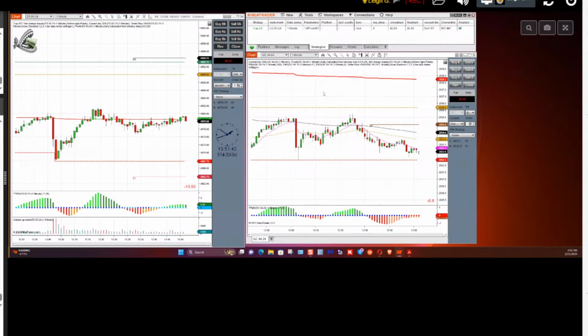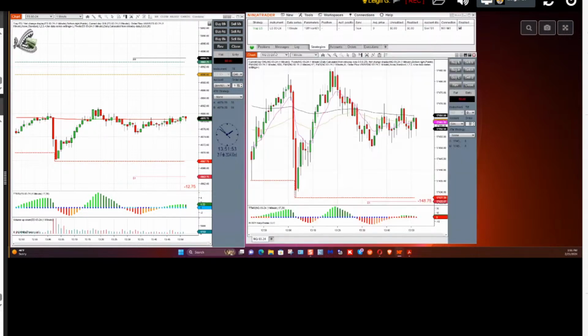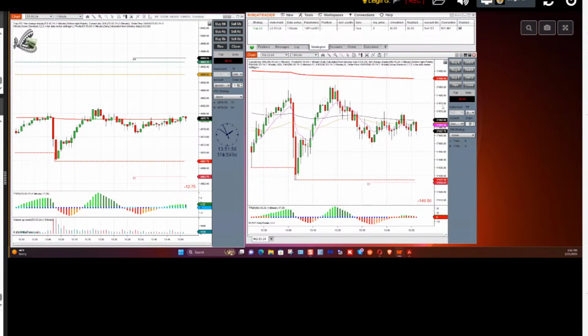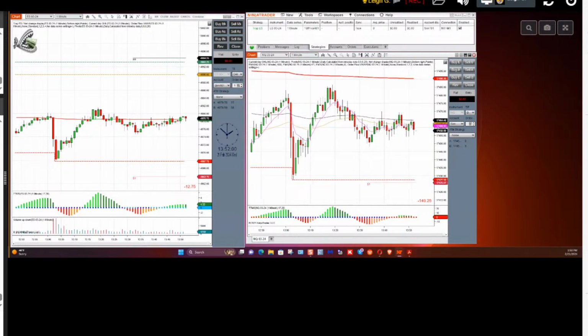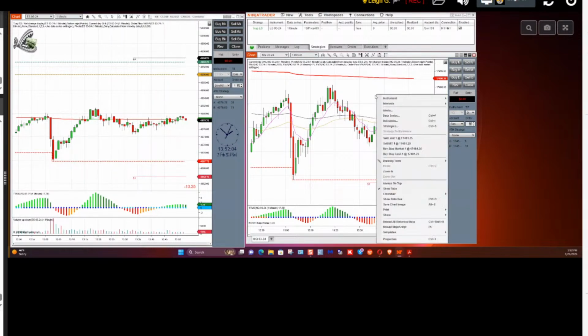But the NQ 0324 is the current contract. You can use the reversal continuation setup if you want to on an NQ or an MNQ after the news trade.